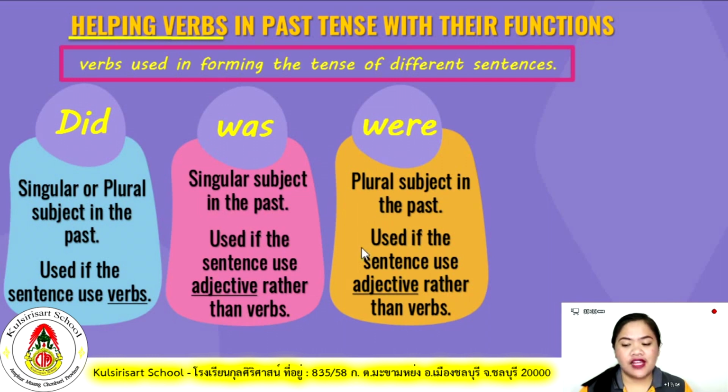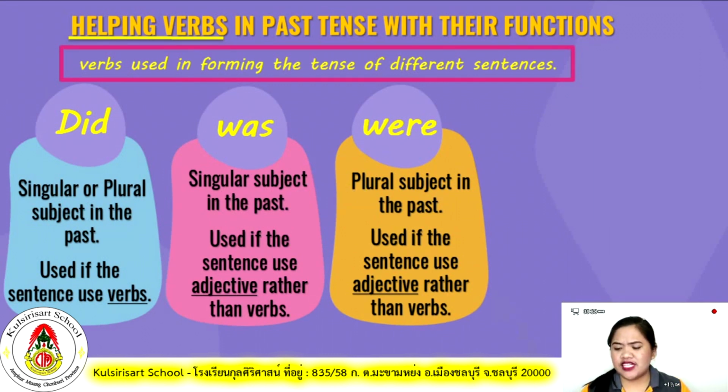Now, let's take a look at this: used if the sentence uses adjectives rather than verbs, the same as the usage of was. Do you understand? Was and were are almost the same. It's just that was uses a singular subject and were uses a plural subject.